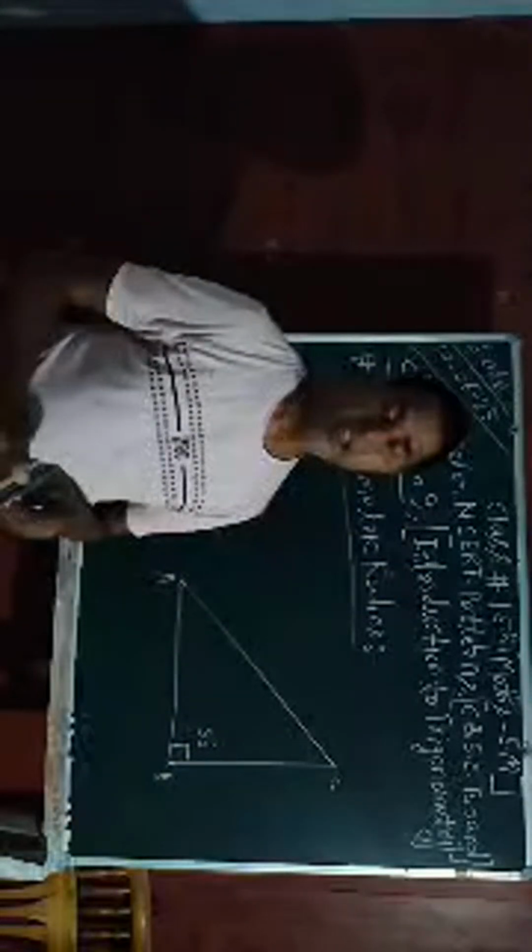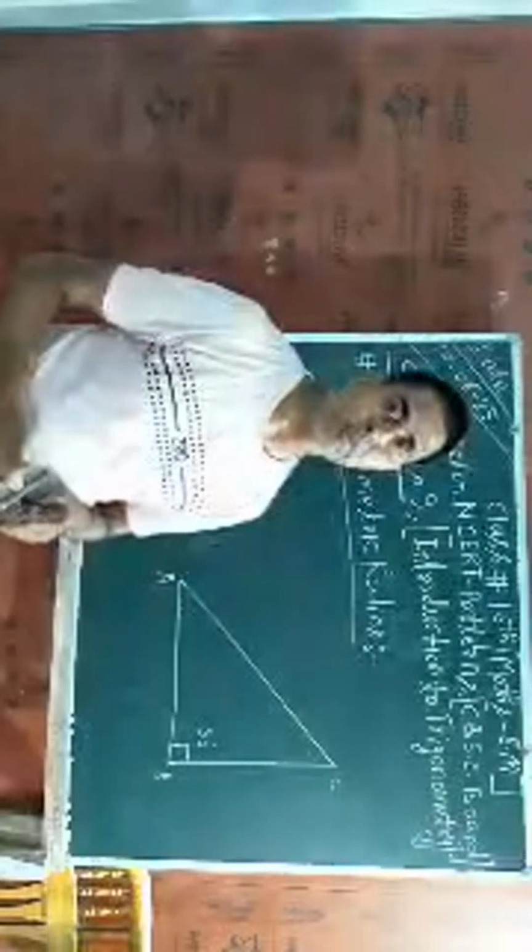I am going to say this vertex is point A and this vertex will be point B. Similarly, I will say this vertex will be point C. So AB line is perpendicular to BC, so I will say this angle will be 90 degrees. Okay, student. So trigonometric ratio can be defined only in a right angle triangle. It means that one angle will be 90 degrees.